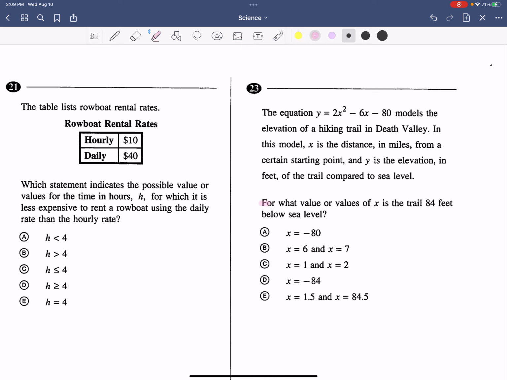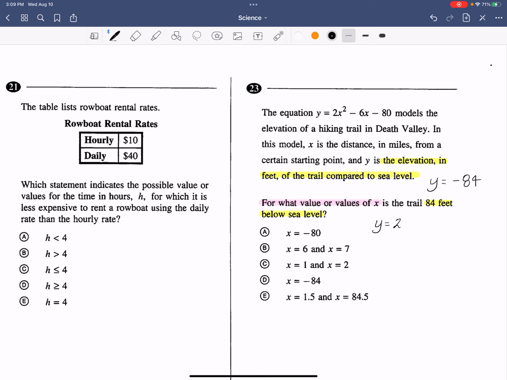So it says for what value of x, so we're looking for the values of x, the trail is 84 feet below sea level. And it told me that that's elevation, so that's the y value right there. In other words, they're saying that y is minus 84. So I'm going to set up this equation.